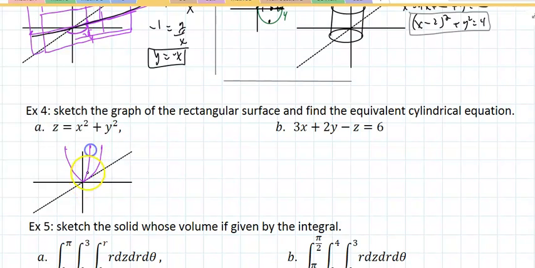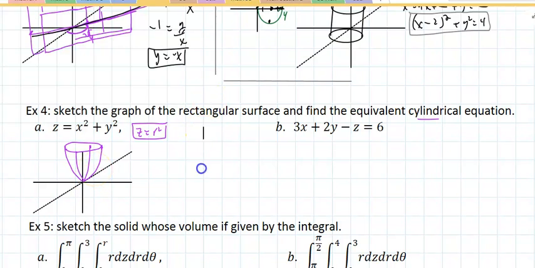This is one of those. Right, it's infinite. Find its equivalent cylindrical coordinates. Well, that is z equals r squared. That's it. If it was a radical, that would have been a cone.